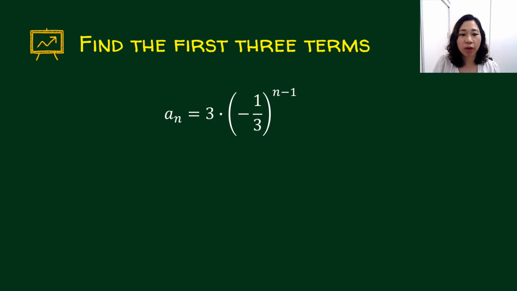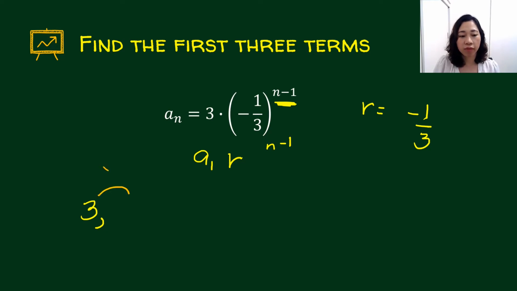Actually, look at the form here. It's already of the form a1 r raised to n minus 1. Correct? Look at the form already. So it's already telling you that your first term is 3. And what is your common ratio? Your common ratio is negative 1/3. So that's it.